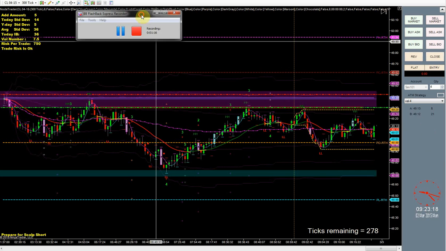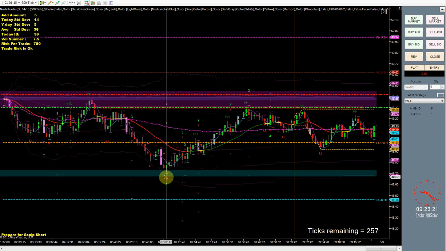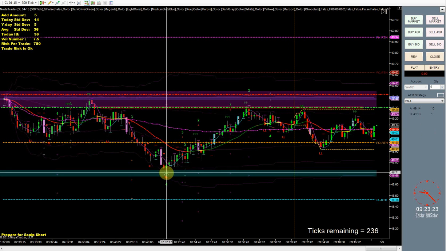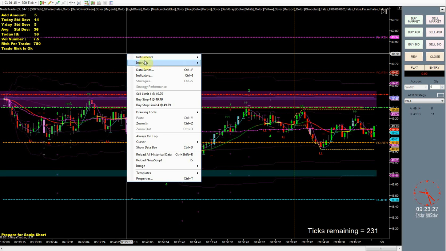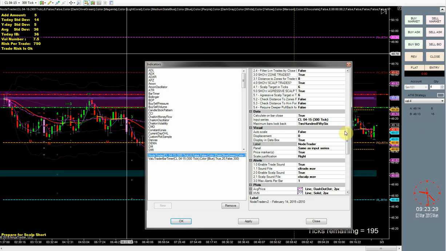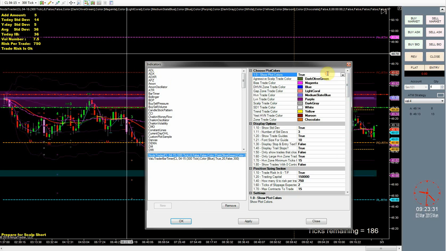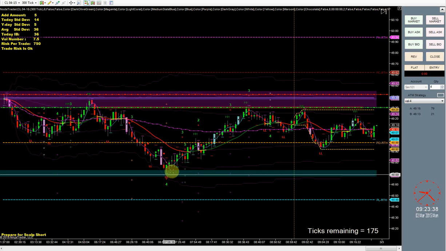Hey folks, I just wanted to mention this trade right here. I was looking at the chart and I happened to notice it. As you can see, this orange or brown color here, that's one of the trades I'm looking to take. It's a zone trade, so it's a chocolate color.